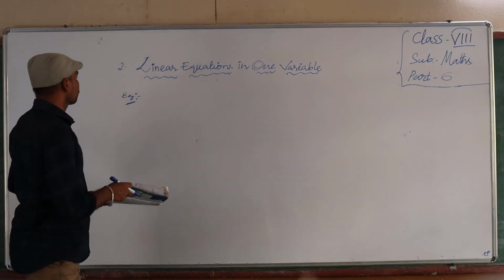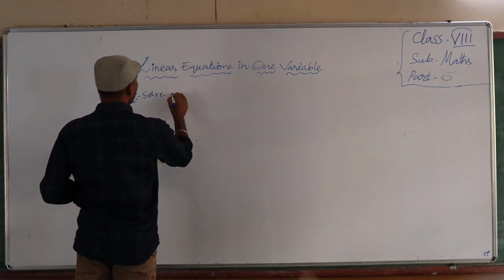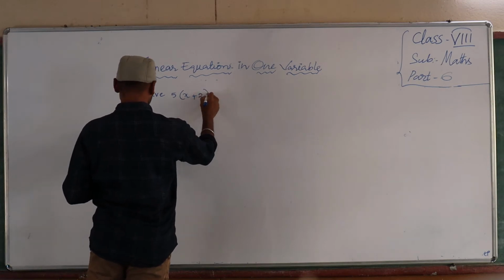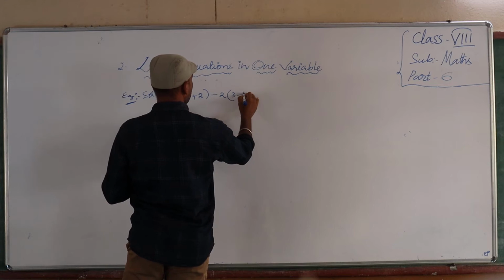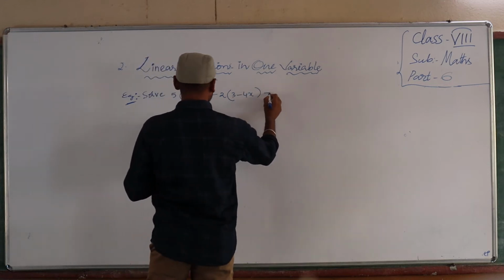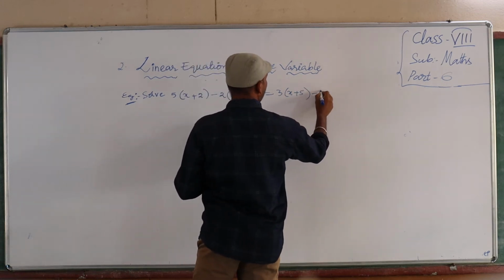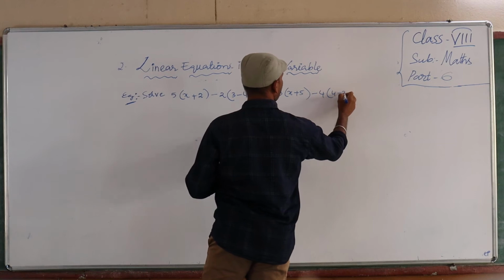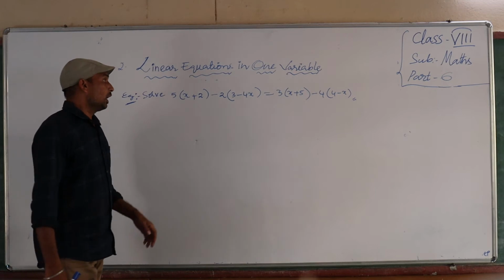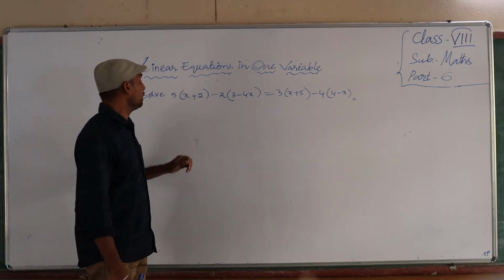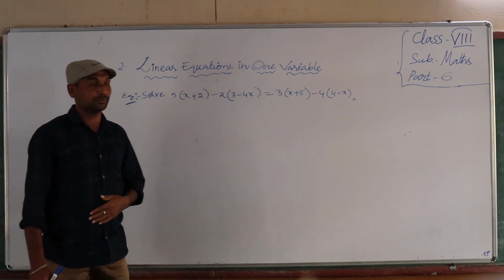So here solve 5 into x plus 2 minus 2 into 3 minus 4x, that is equal to 3 into x plus 5 minus 4 into 4 minus x. Like these problems you will get some confusion, so be very careful, because here we are having plus values and at the same time minus values.